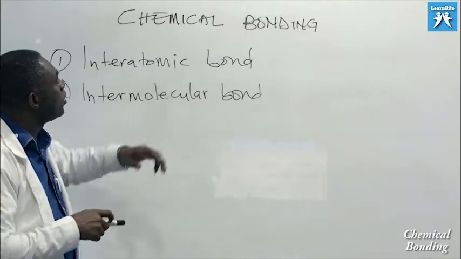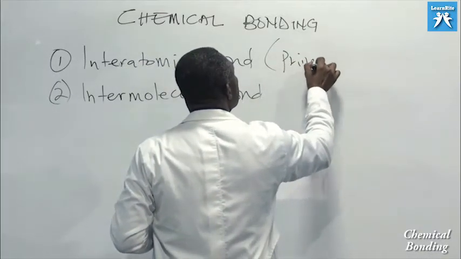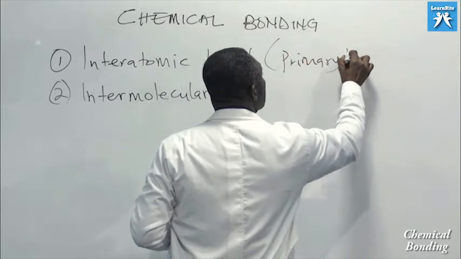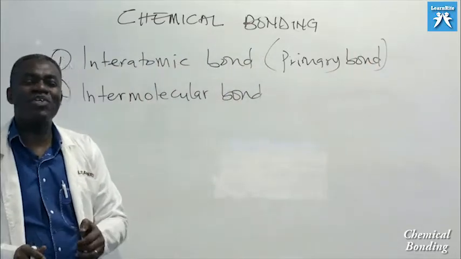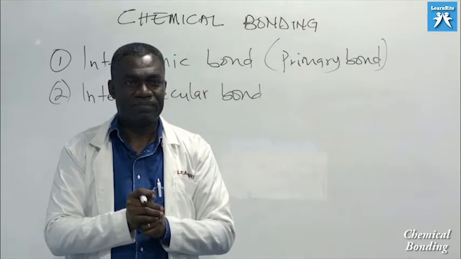The interatomic bond, which sometimes is referred to as primary bond, may occur between only one molecule of a substance.